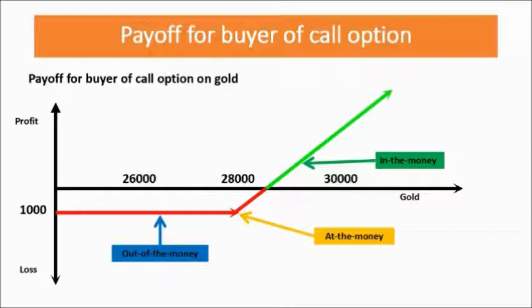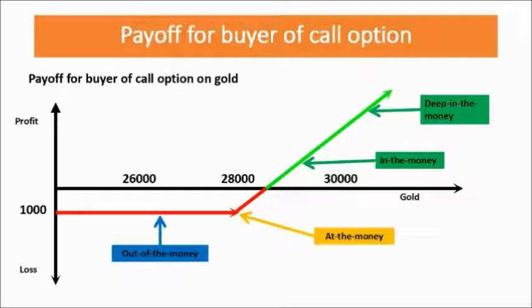Now it still further continues during the tenure of the option. For example, we can understand hypothetically that the gold price has gone to 34,000. Still he has a right to buy at 28,000. That means in this case, the investor will have a lot of profit margin. So in that case, usually they call it a deep in the money option.